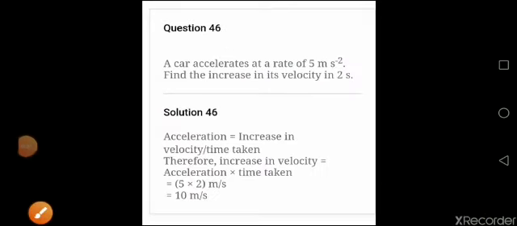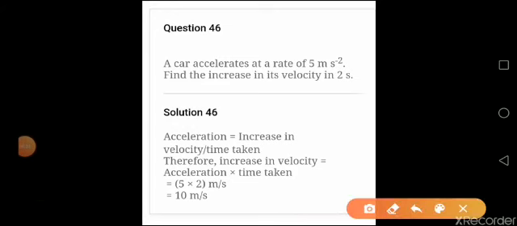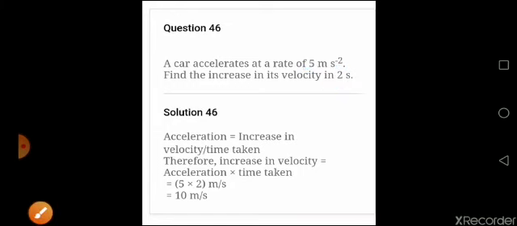Clear? Question number 13. Here a is given, that is a car is accelerating at the rate of 5 meter per second square, which means that the acceleration value is given and time is given, 2 seconds. Now you have to find out the increase in velocity or change in velocity.